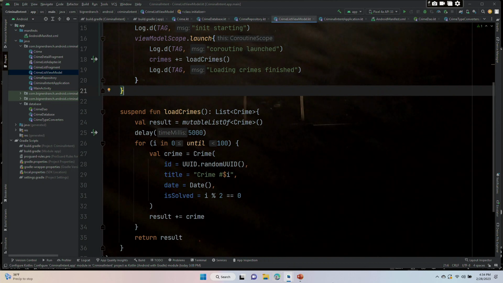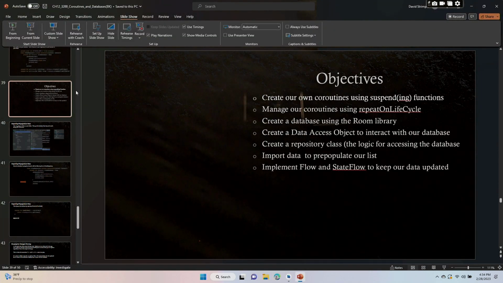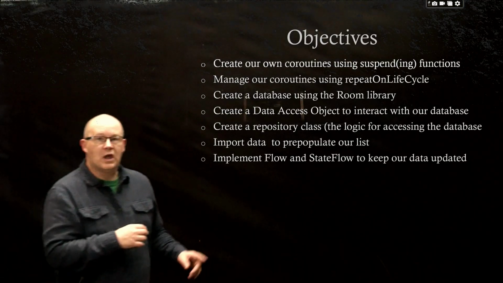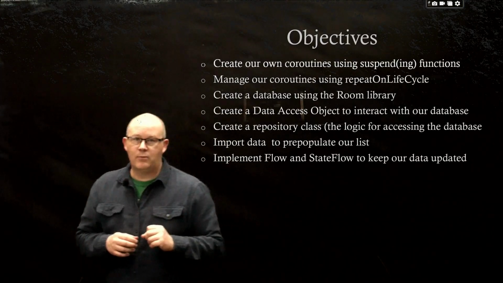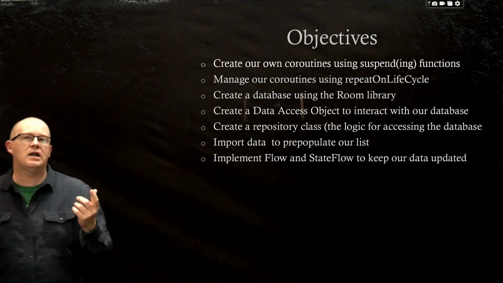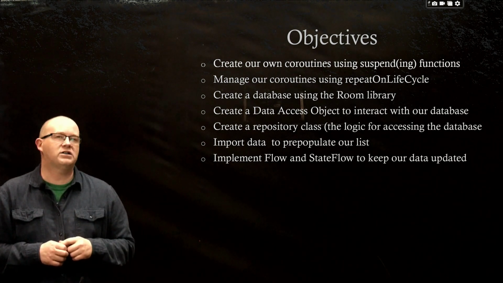Let's see. We are on our next to last bullet point here. We're going to import the data to pre-populate our list. We should have already fetched this file when we brought in our crime solved icon, no, 1 chapter ago, chapter 11.